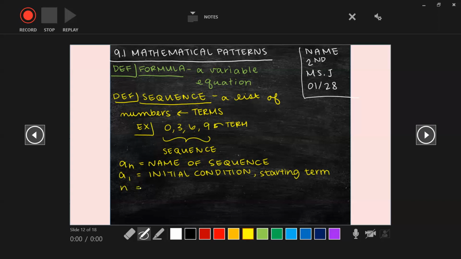N is going to be the number or place of your term. It's like its place in line.